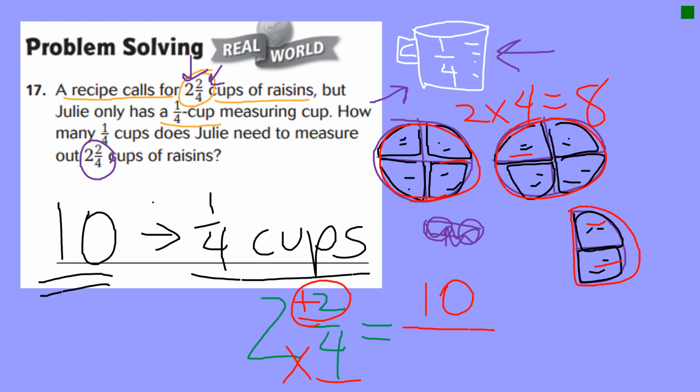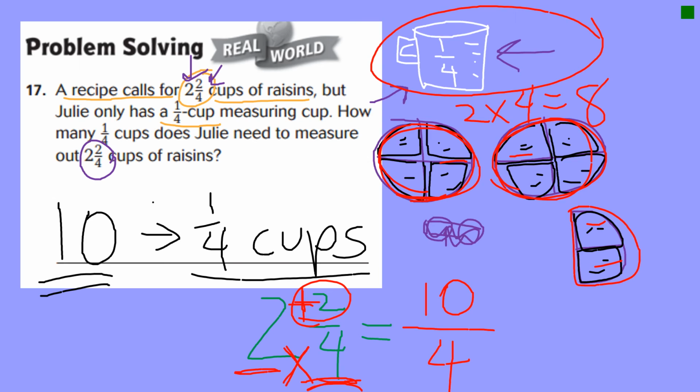We needed 10 fourths. 10 of those 1/4 cups. Whole number times the denominator plus the numerator. Whole number, 2 sets of 4, there are the 2 whole things into 4 parts, plus our little extra friends right there. Awesome. Let's keep moving, guys. You're doing fantastic.